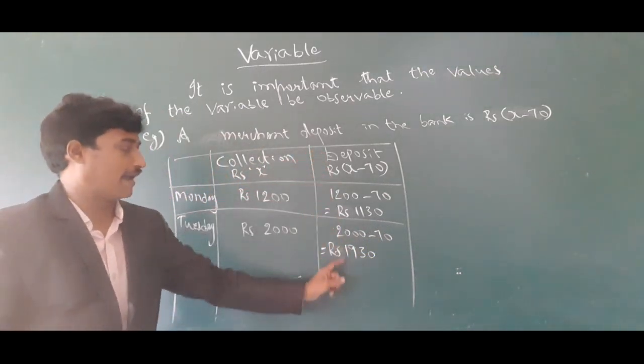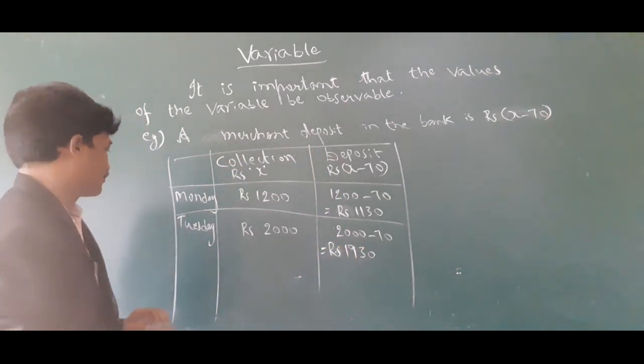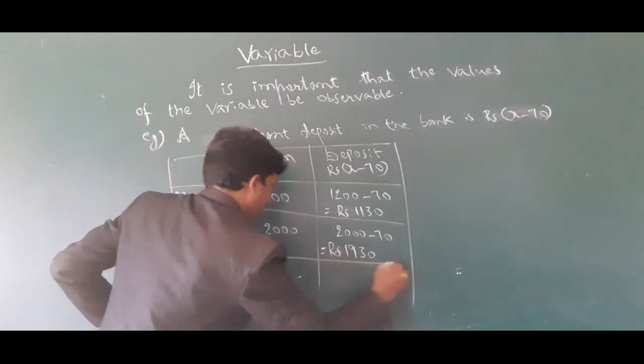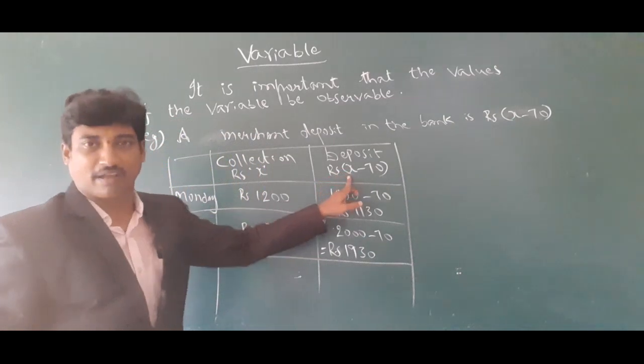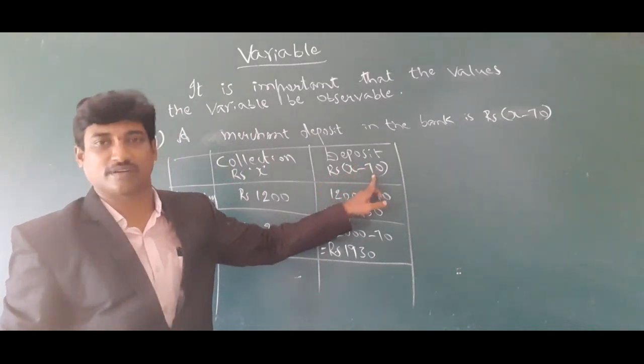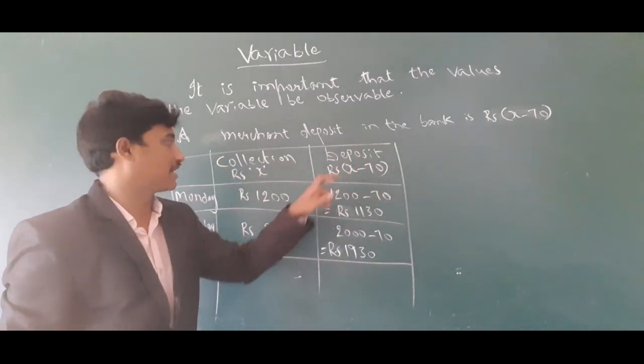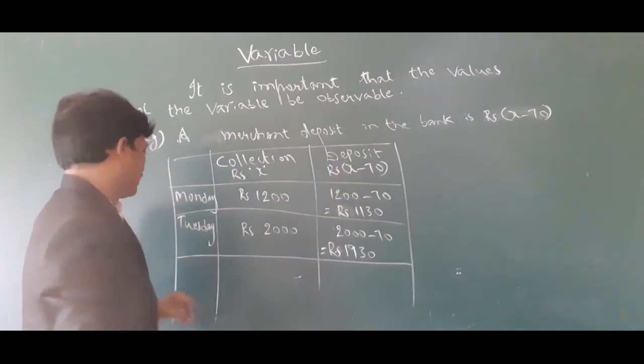Deposit in the bank is 1930 rupees. Here x is taking different values. Here 70 is constant. Here x is a variable.